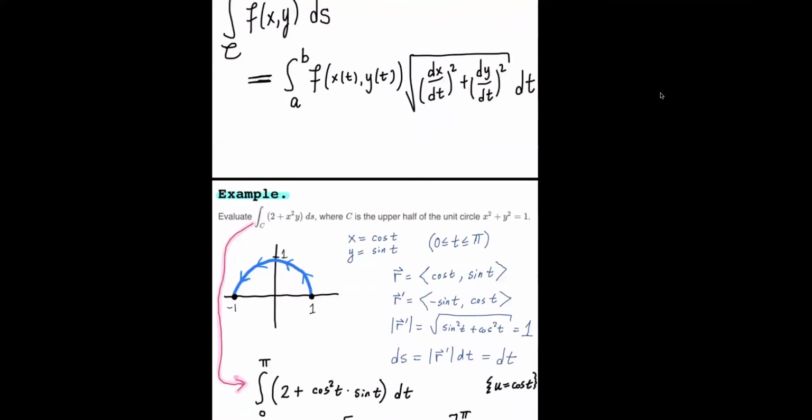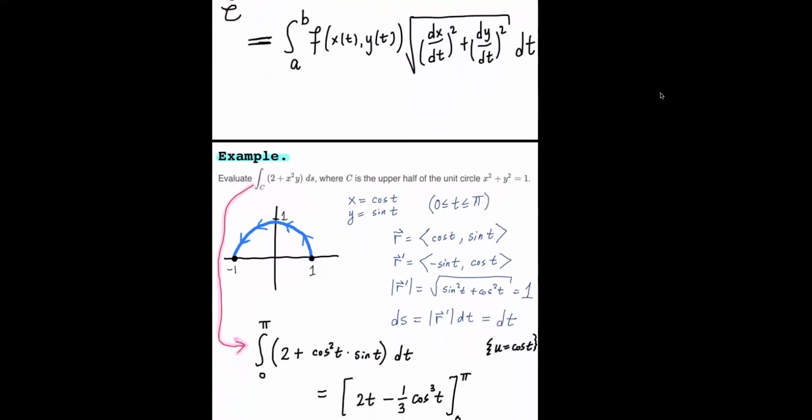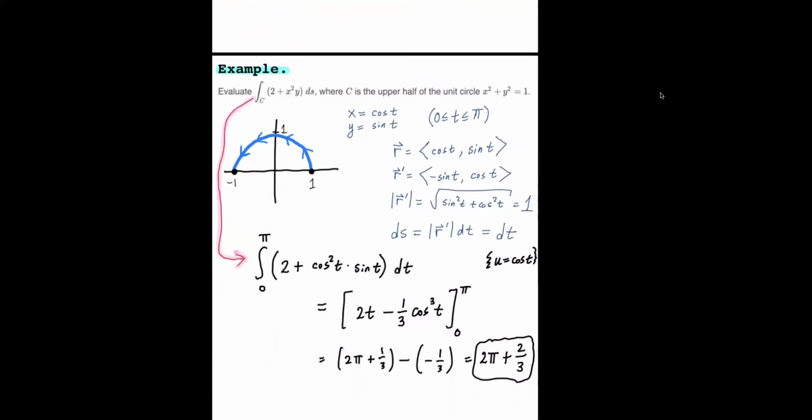Here's an example of how you evaluate a typical line integral. It's all pretty straightforward. The question is asking you to evaluate a line integral over a curve C. Here we have the integrand ds, and C is the curve which is the upper half of the unit circle. To do this integral, we just follow this method.